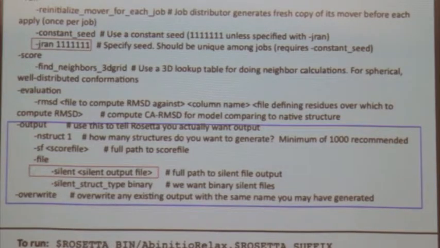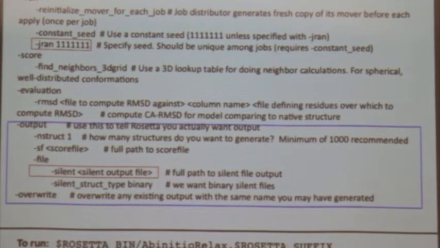Right, because then it has a default seed number, which is 1111111, and it will always default to that unless you tell it differently. So if you don't specify that, then it will always be the same. That's in my experience. So the default seed is timestamped. So often when you're running clusters, you hit submit, and they all submit at the same exact time. And so they all have the same timestamp, so they all have the same seed.